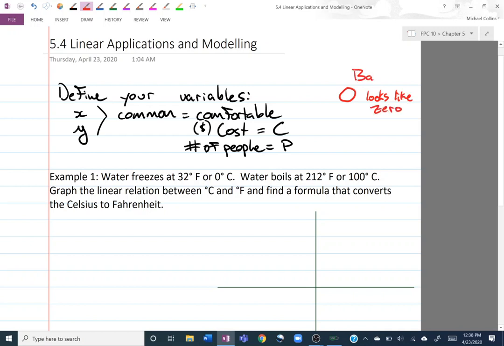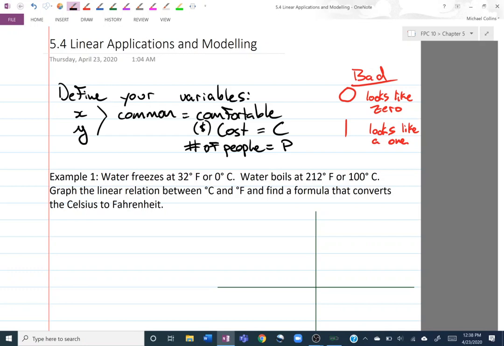Other bad variables: l looks like a 1. I seem to remember there being one other one that wasn't very good, but I can't quite remember what it is. Anyway, let's move on to an example.